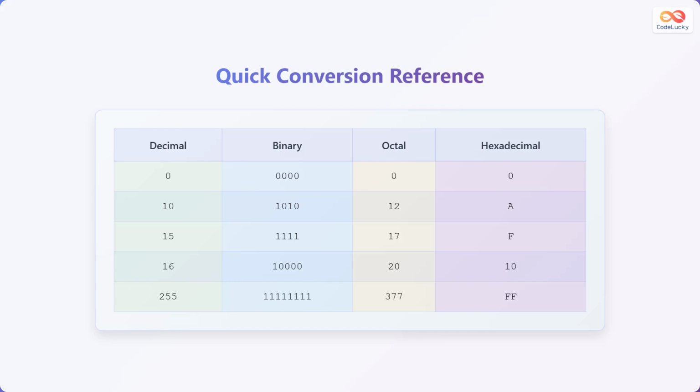For example, decimal 10 is equivalent to binary 1010, octal 12, and hexadecimal A. Similarly, decimal 15 is equivalent to binary 1111, octal 17, and hexadecimal F. Decimal 16 is equivalent to binary 10000, octal 20, and hexadecimal 10. Lastly, decimal 255 is equivalent to binary 11111111, octal 377, and hexadecimal FF.